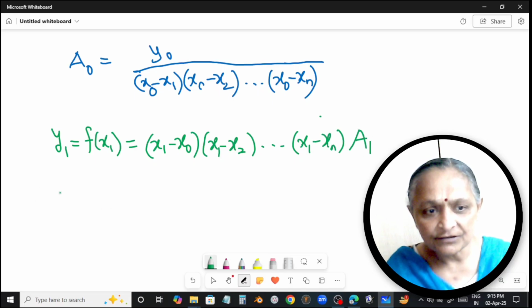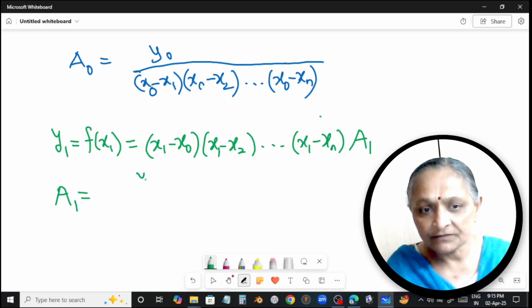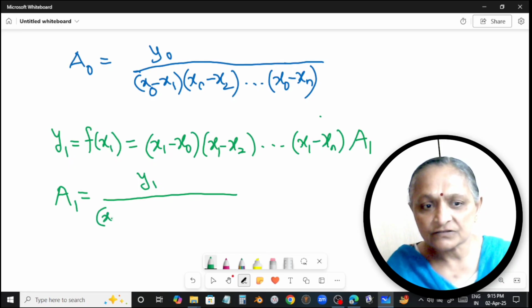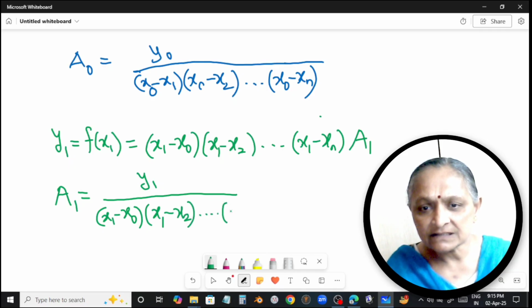So what is the value of a1? I have got the value of a1 is y1 upon x1 minus x0 multiplied by x1 minus x2 and so on. The last is x1 minus xn here.